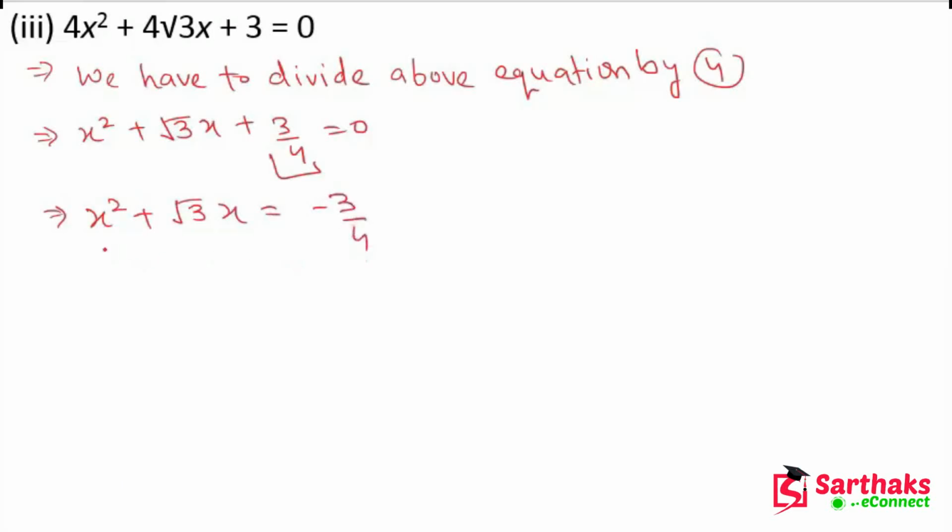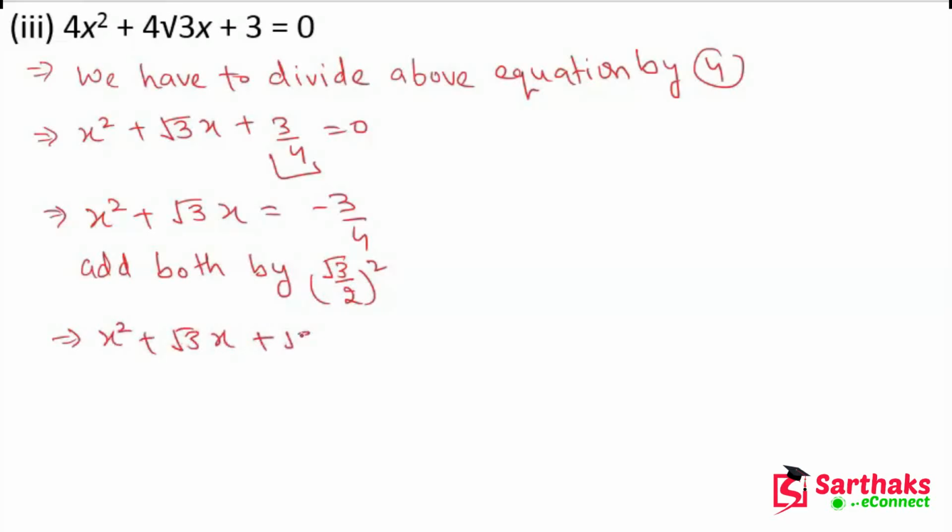Okay, now we have to add to both sides the square of half of the coefficient of x, so root 3 upon 2 square. Okay, so now this will become x square plus root 3x plus root 3 upon 2 whole square, and is equals to minus 3 upon 4 plus root 3 upon 2 whole square.